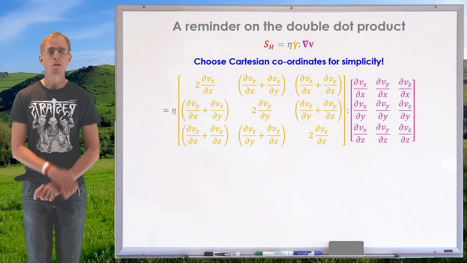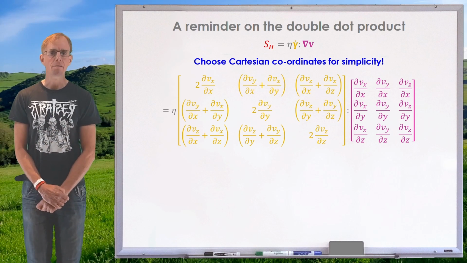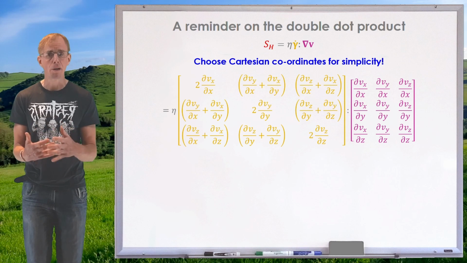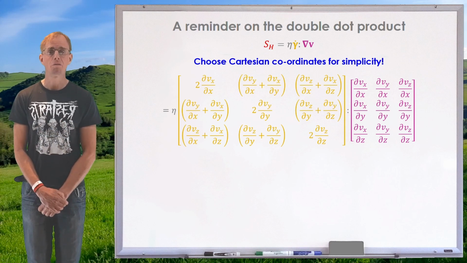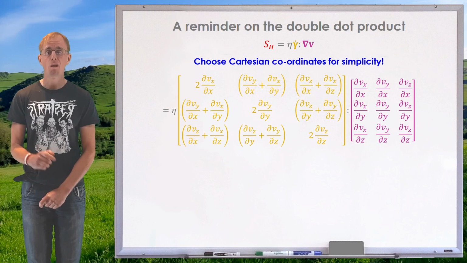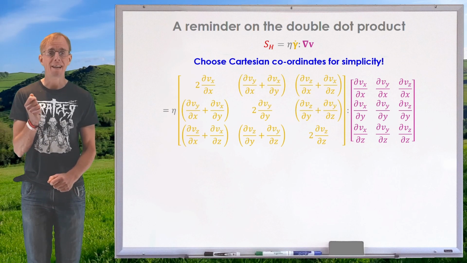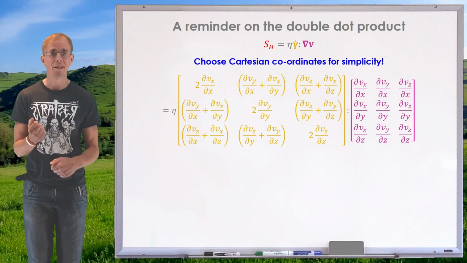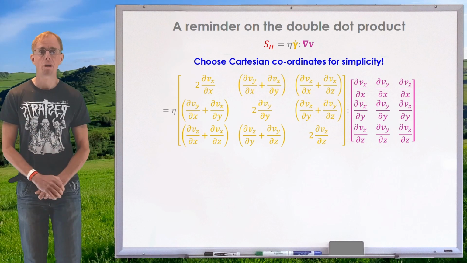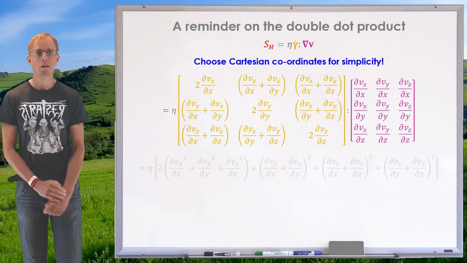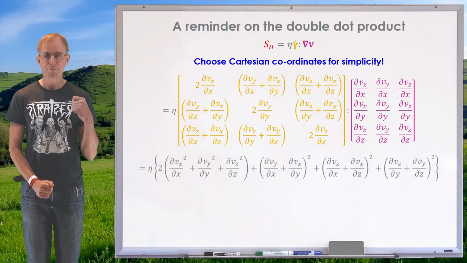The tensor in purple on the right hand side is grad V, and remember it's grad V that makes up one of the components of the rate of strain tensor in the first place. The double dot product is simply we are taking the product of every row-based element in the first tensor with every column-based element in the second tensor. And so we end up with a result that looks as follows.